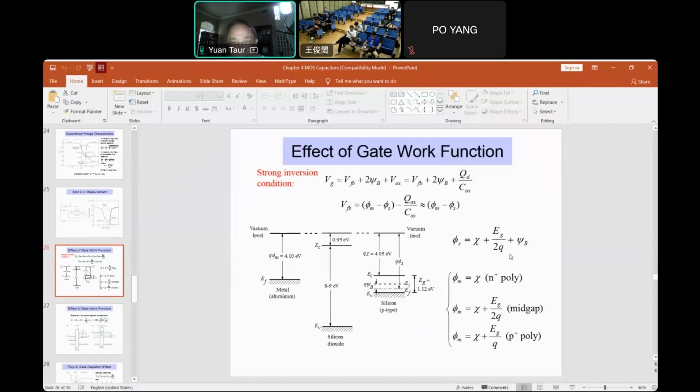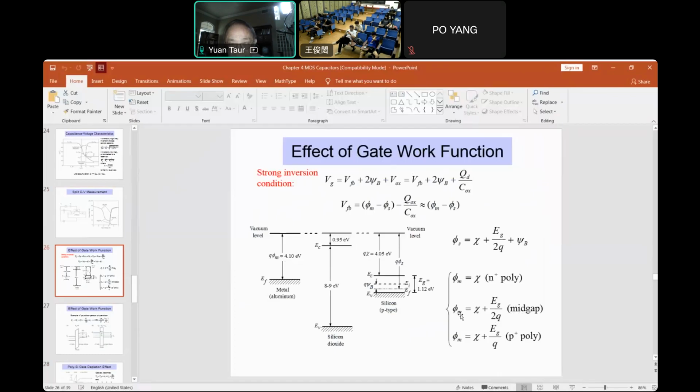And so here I list three possible gate work functions. The first one is the gate has the same work function as N+ silicon. In that case, phi m is electron affinity. The second case is a mid-gap metal.